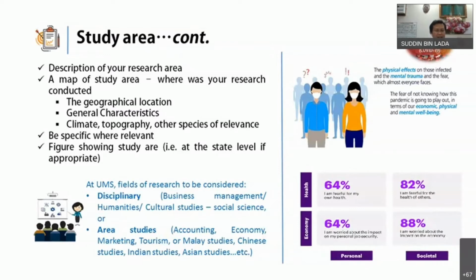look at your field in UMS. Discipline, go for business management, humanity, maybe cultural study, tourism, or social sciences. But you need to know that in an area of study, there are so many things. You need to choose one. Be specific where relevant. Look back at the coronavirus here.